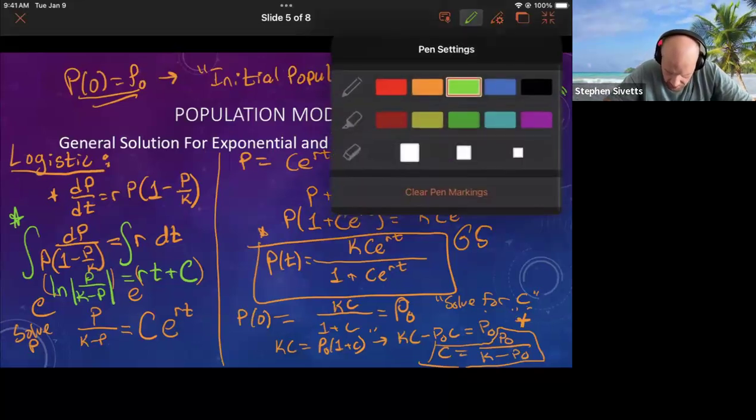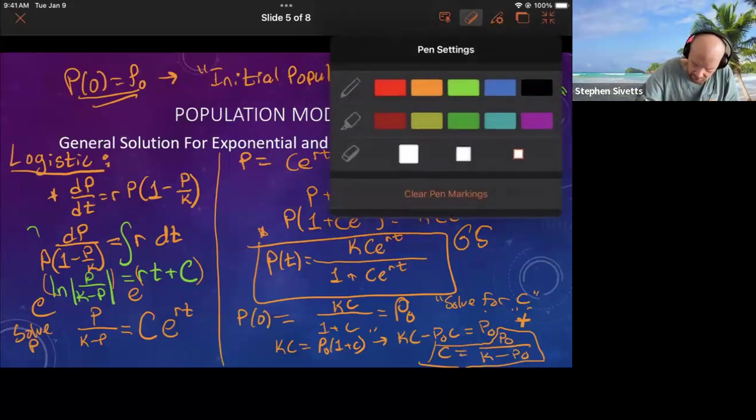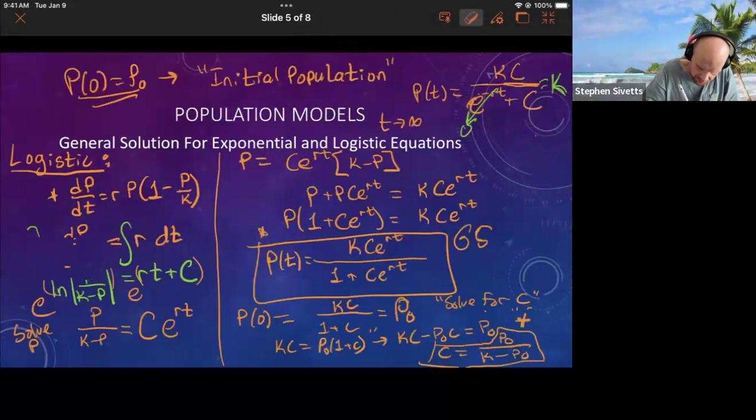Okay. And then the other thing I want to mention is the slope field of the logistic differential equation.